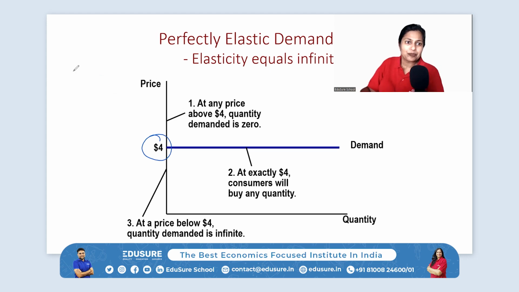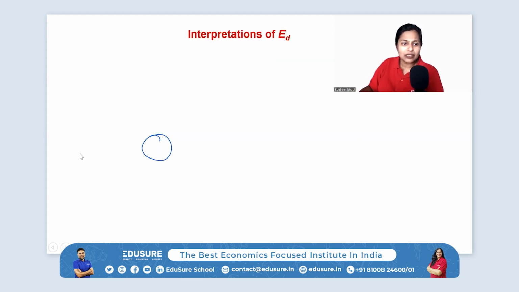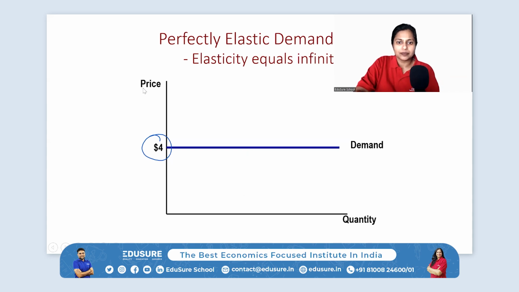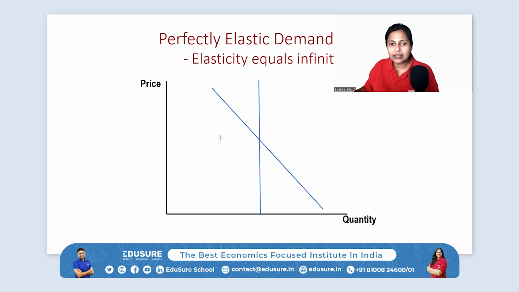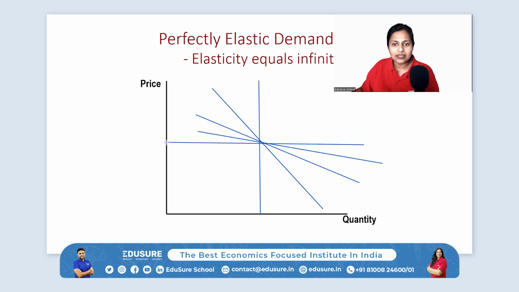If you see the demand curves that we have been seeing thus far, their slopes change according to elasticity. So let's again revise. Perfectly inelastic demand curve, inelastic, unitary elastic, elastic, perfectly elastic.